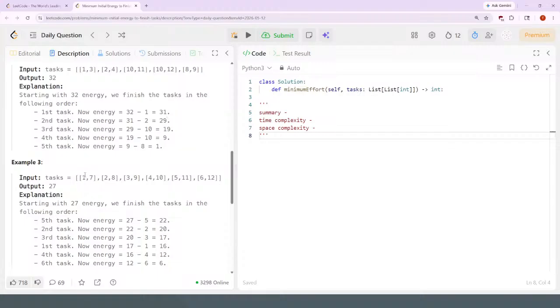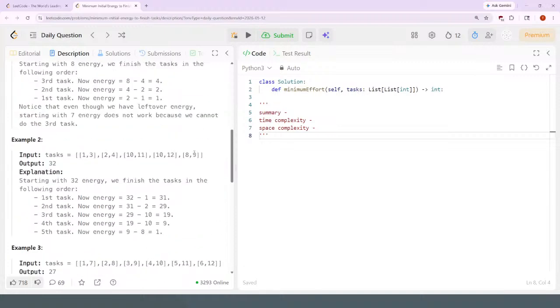So this one was literally like 7 plus 2 plus 3 plus 4 plus 5 plus 6. And this one was like maybe 9 plus 1 plus 2 plus 10 plus 10, something like that.